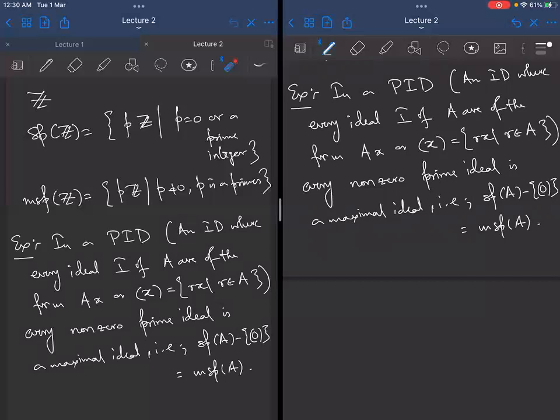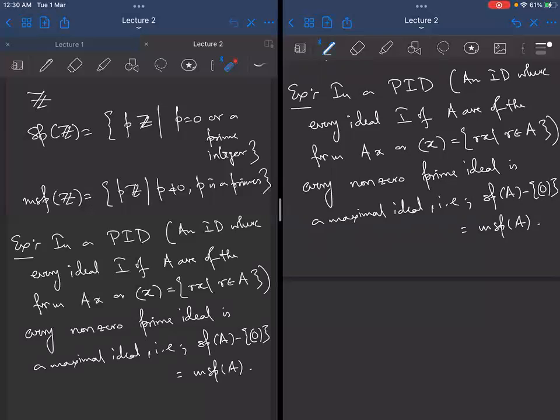So you can write x as ry, where r is in A. But then either r or y must be inside the ideal generated by x. So suppose r is in the ideal generated by x, then r is of the form sx. So that means sy will be 1 if you cancel out x, because x is non-zero. So that means y is a unit and the ideal generated by y is the whole ring.